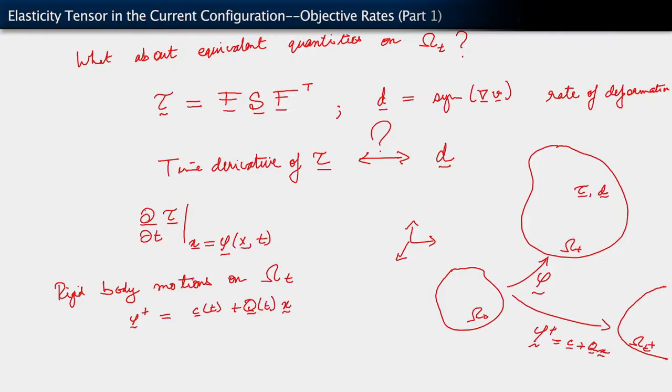Well, we know that because tau is a stress tensor defined on omega t, the matrix components of tau plus will undergo a transformation as Q tau Q transpose, because tau is objective.